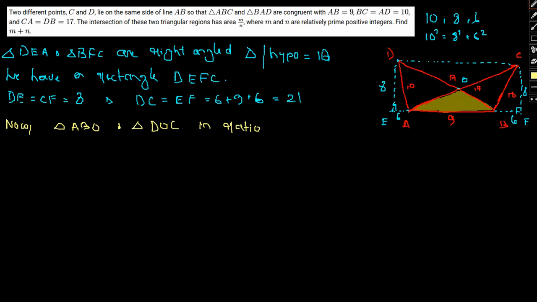AB and DC will be in the ratio, the ratio of their respective sides being, say, AB by DC, that is 9 by 21 or 3 by 7. Okay, so hope this much is clear.